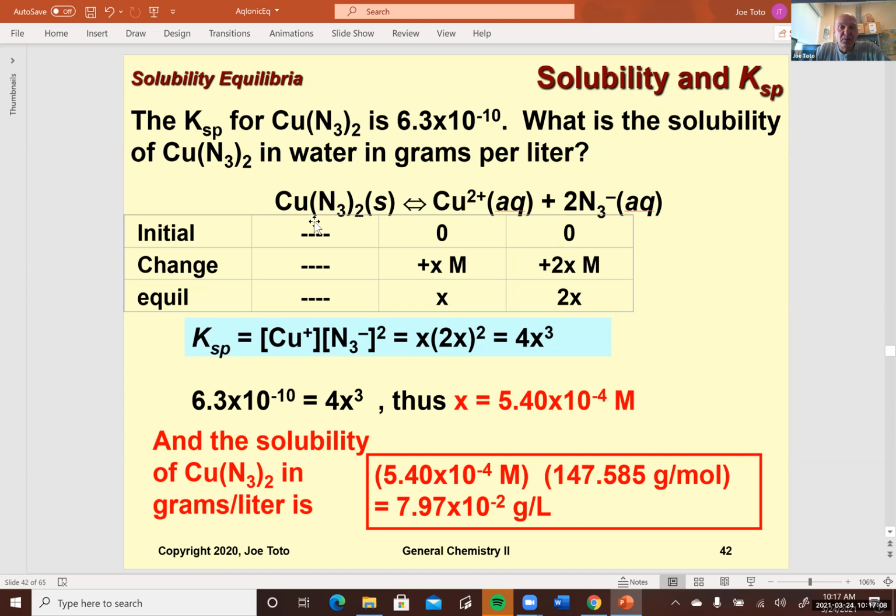All right, so when we do the ICE table, we see for every one of these guys that breaks up, one of these form. So X is, in fact, the solubility of the solid in units of moles per liter. Okay, so the stoichiometric coefficient here comes into play. I get 2 times the solubility of the nitride ion at equilibrium.